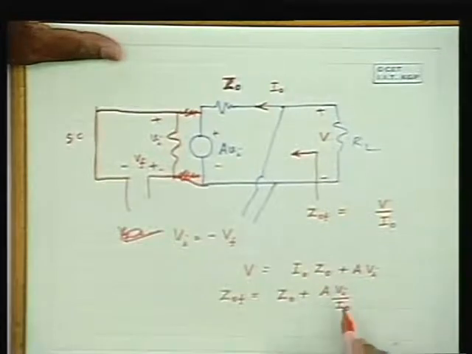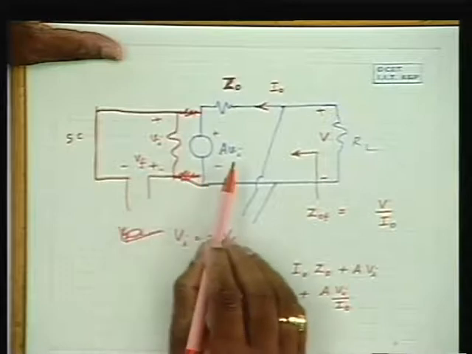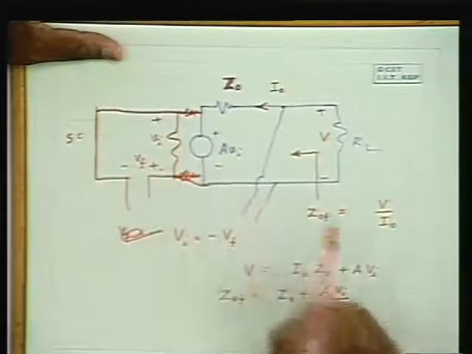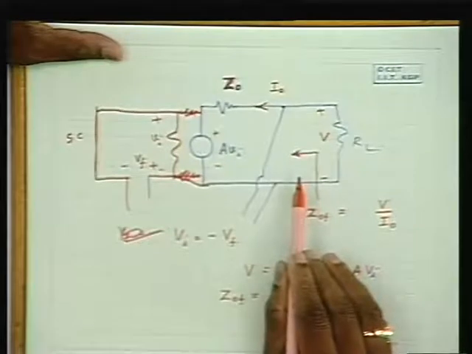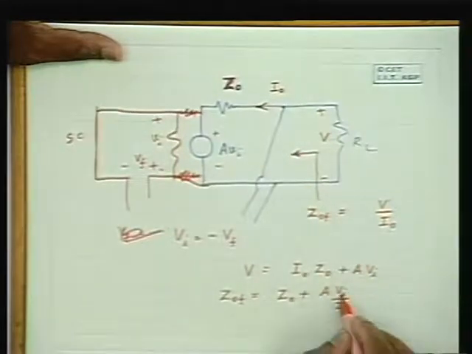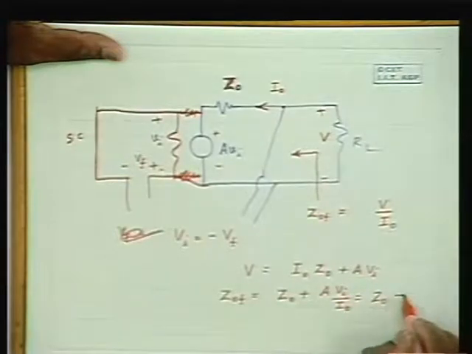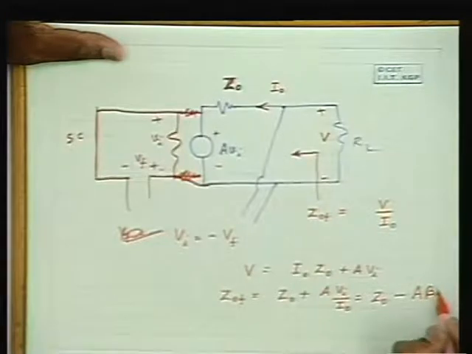Now in A Vi by I naught, Vi can be obtained from Vf itself. So Vi is equal to minus Vf, and Vf is beta times V. Therefore, this is equal to Z naught minus A beta times V by I naught.